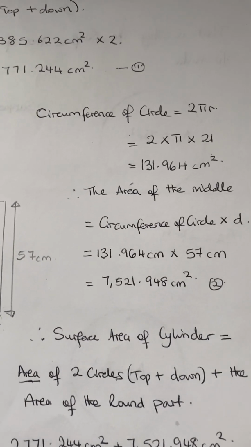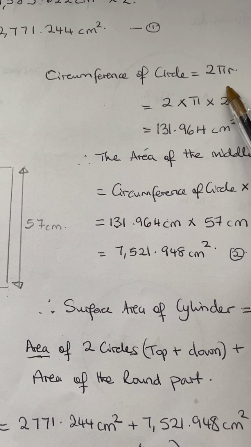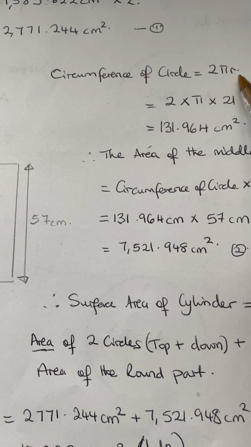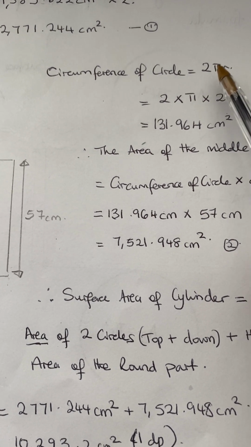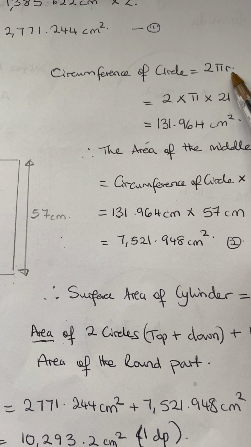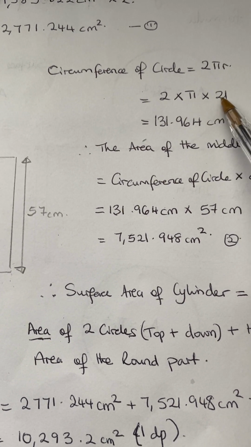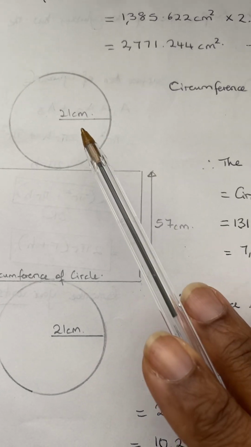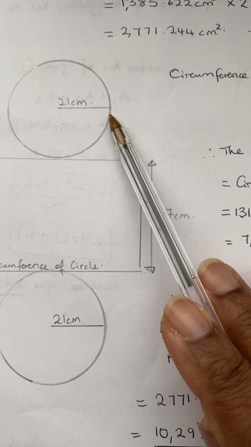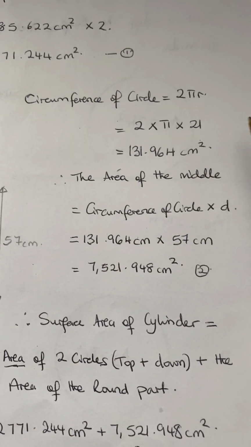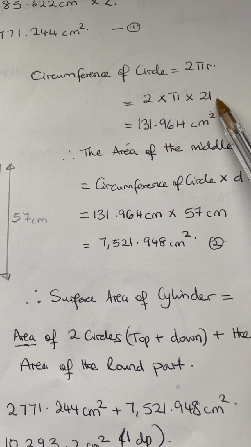The circumference of a circle, which we've done, we have videos on that, is 2 pi r. So 2 times pi times r, and r is 21 centimeters.